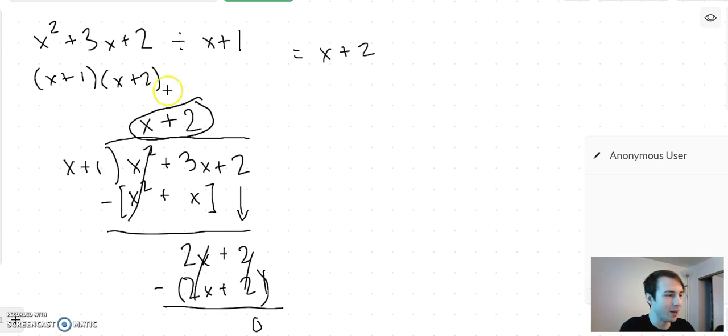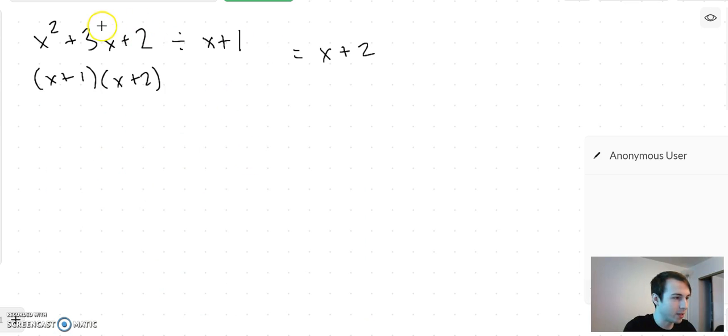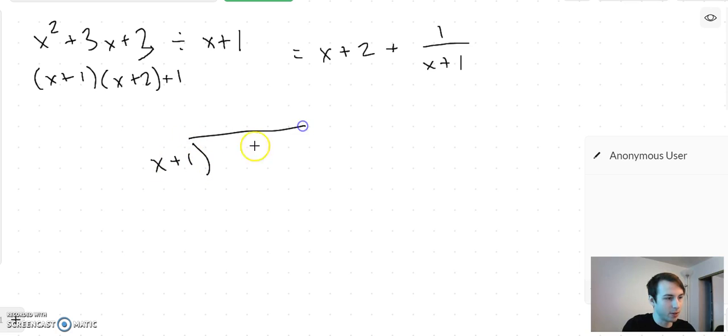Great, cool. Now how about that one thing we did where we changed this to 3, and then this became plus 1 out of x plus 1 because there was a remainder of 1. Well, x plus 1 goes into x squared plus 3x plus 3. The first two steps are the same. x times x is x squared, so x squared plus x.